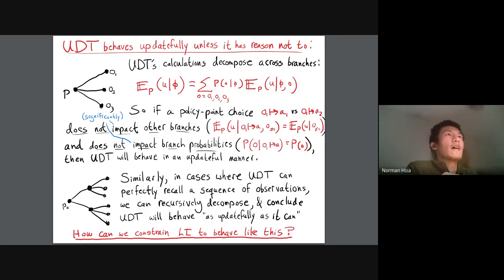I believe that Vladimir tried to paraphrase Roman in the chat. Is that right? Okay, I'll just read it out. Like abstract algorithm. Oh, okay. Maybe I don't really understand the comment. But I think maybe we have time for this.